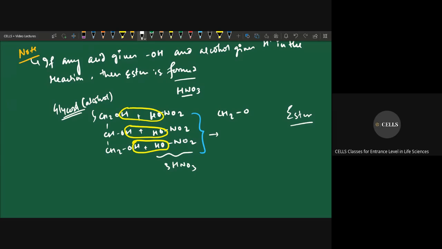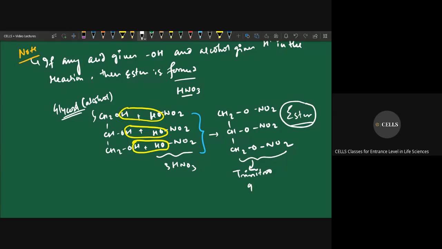CH2O-NO2, CHO-NO2, CH2O-NO2. This is actually an ester, nothing but trinitroglycerin. The glycerine that we apply in the eyes is different, this is this. So it is nothing but an ester. Right. So these are the basic things.